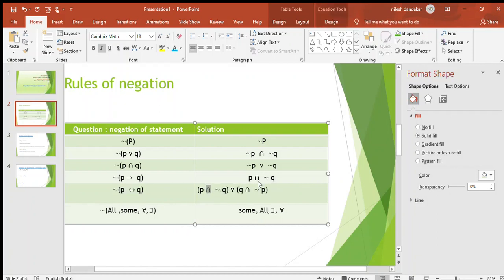And as the and symbol is used here, we use it as or.